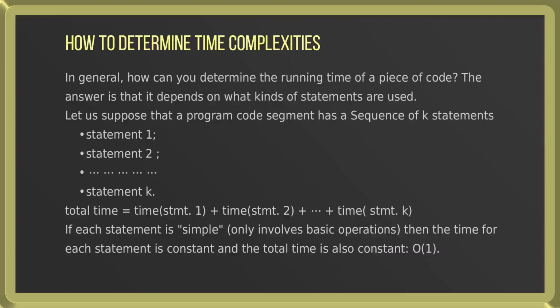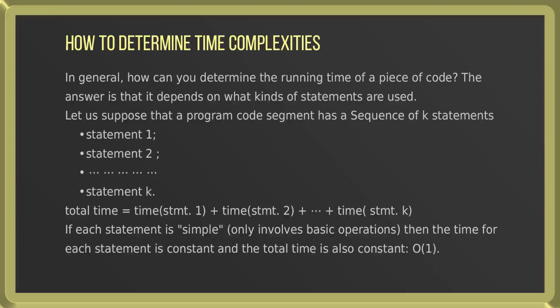How to determine time complexities? In general, how can you determine the running time of a piece of code? The answer is that it depends on what kinds of statements are used. Let us suppose that a program code segment has a sequence of k statements: Statement 1, Statement 2, up to Statement k.